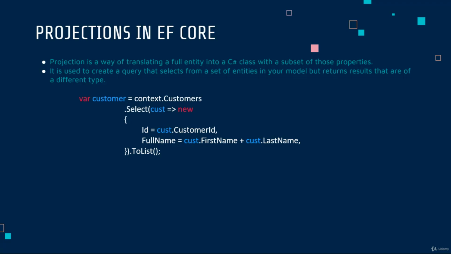So on the context object, we call customers, then we use the .Select, and we create a new object of anonymous type, which is cust, in which we are returning ID, and full name will be a combination of first name and last name. So in this example, the customer data is projected to an anonymous type, which contains ID and full name. We want to use something similar in our example, if we switch back.